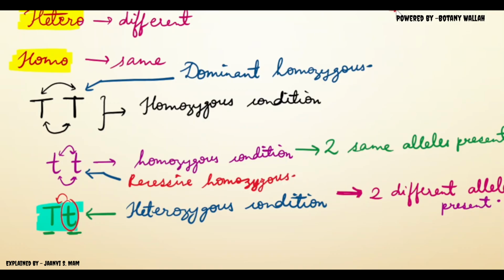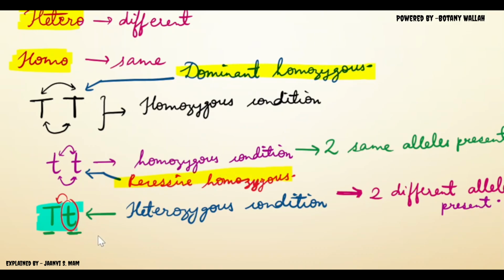When there is capital T, small t, then capital T will express. When there is small t, small t, these two alleles are for dwarfness, which means dwarf height will be expressed as the phenotype. So this is about recessive homozygous and dominant homozygous.